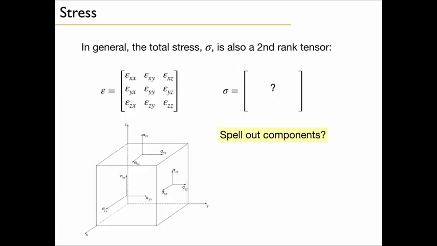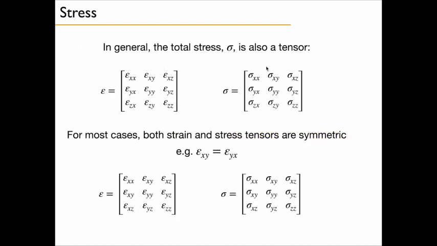So what is stress? In general, the stress can also be expressed as a second rank tensor. So let's spell out the components. If we have the strain tensor, which has this matrix appearance, we can also express the stress tensor with similar components. Now, in most cases, both the strain and stress tensor are symmetric.